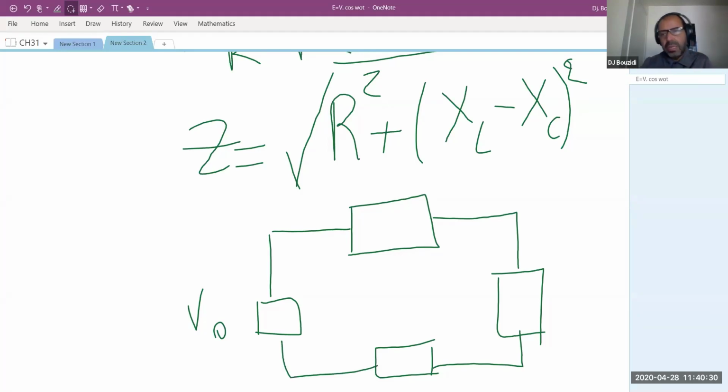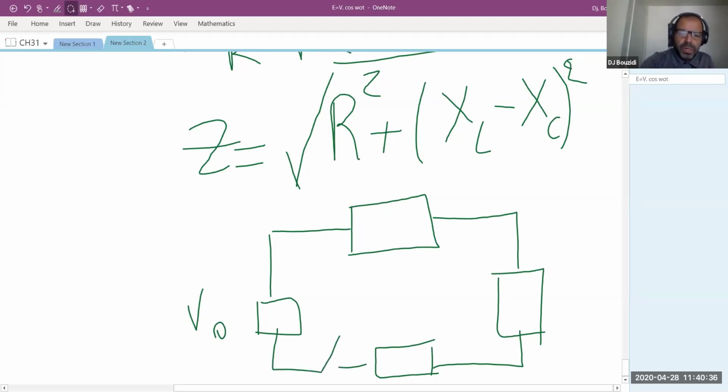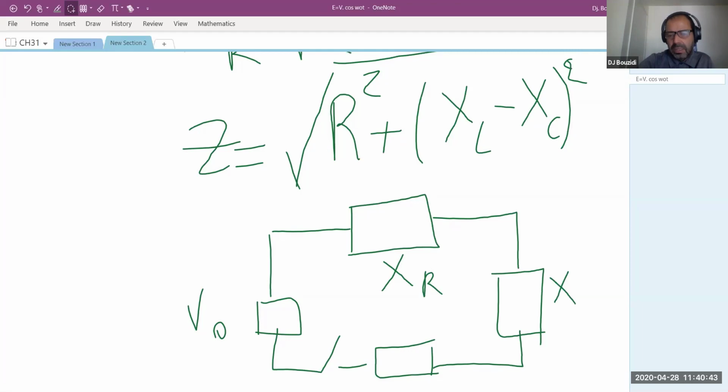So this is my XR, this is my L, and this would be my C, of course.